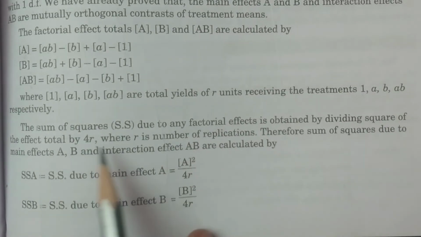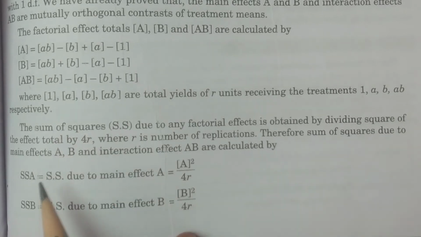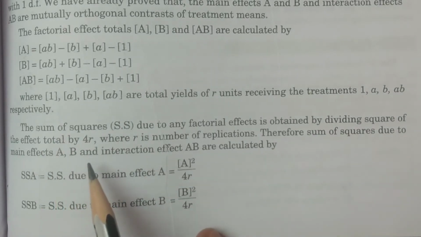Now we have to calculate the sums of squares next. The sum of squares due to any factorial effect is obtained by dividing the square of that effect total by 4r.